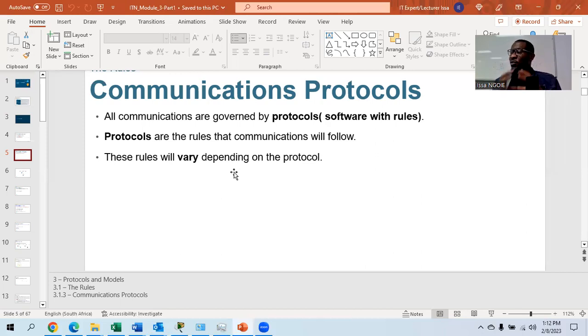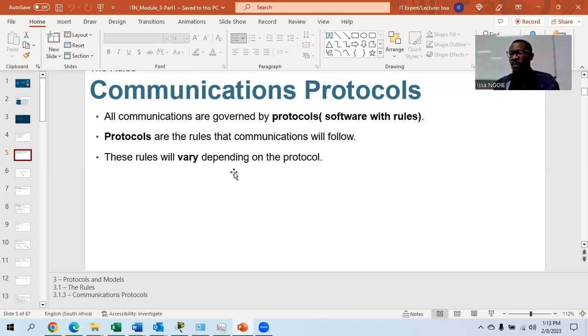Now, those principles will depend, because we do have so many protocols and so many rules, and those rules will be specific to a certain protocol. Like protocol A, how to connect phones, will be different from protocol B, how to connect printers, and maybe different from protocol C. So for every protocol, there is a specific rule.